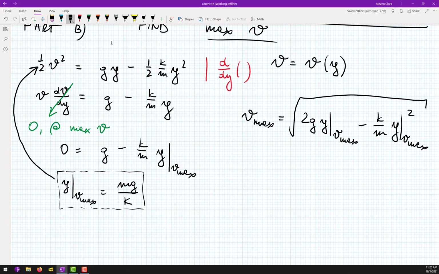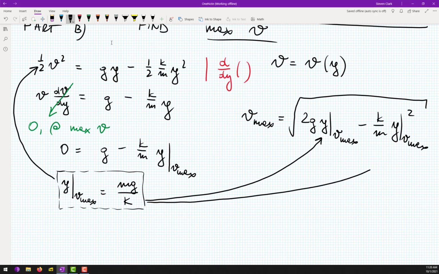Okay, guys, just plug this value here and here at home. And you will obtain that, after a couple of algebraic transformations, our V max is equal to the square root of g m divided by k. This is the answer to part B.